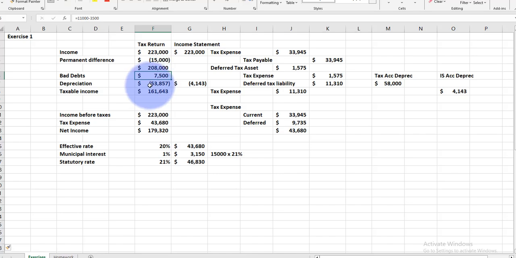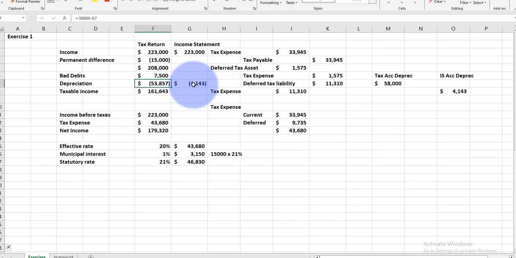And then we had some assets we purchased. They cost $58,000. On the tax return, we're going to depreciate all $58,000 because it qualifies for Section 179. On the income statement is a calculation of depreciation using the 7-year useful life.